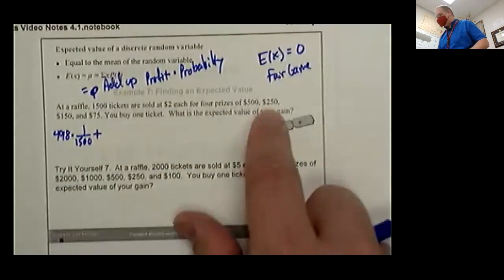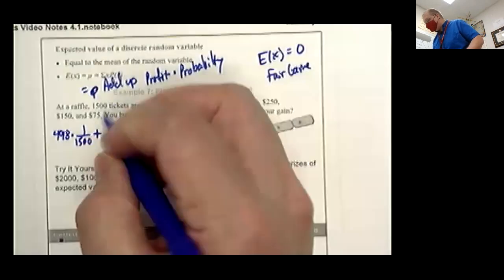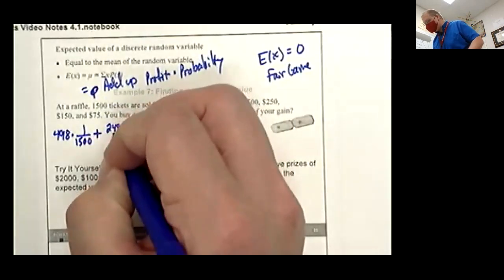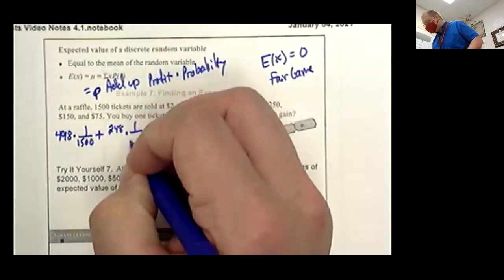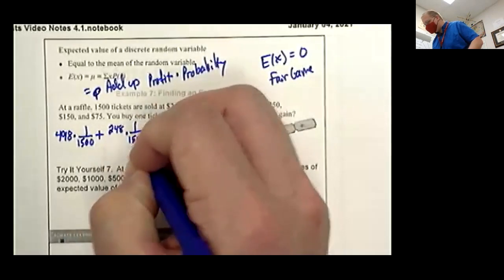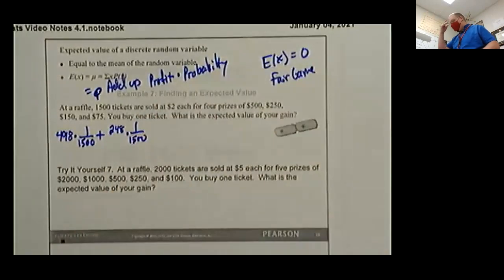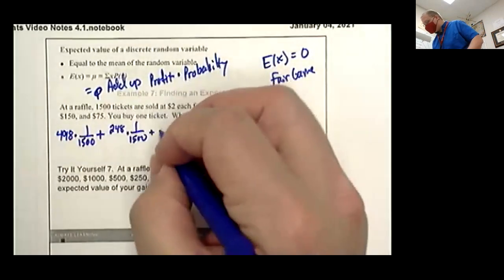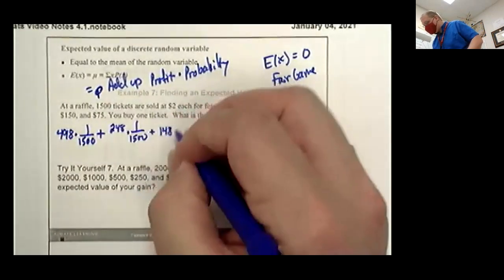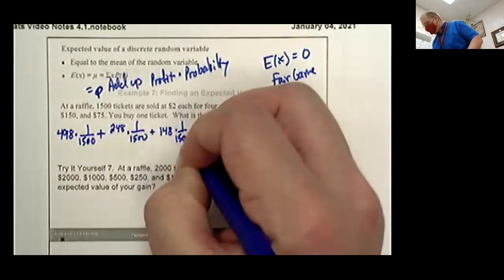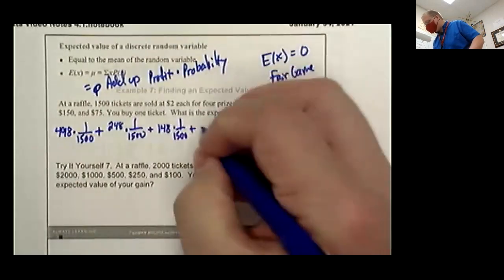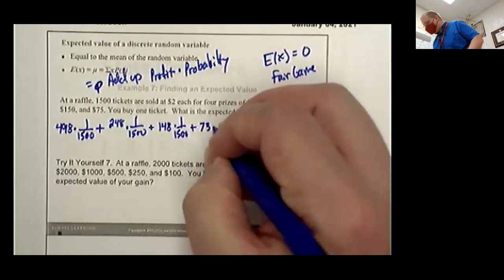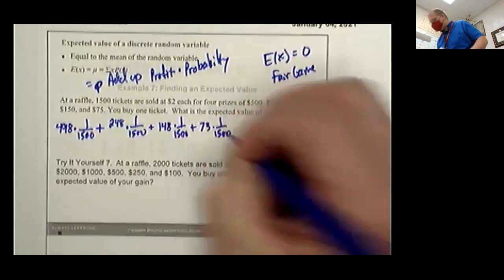Second place is $250, but the profit is $248, and we multiply that by the chance you win, which is 1 out of 1,500. Plus, next is $150, but that's really $148 when we take out the $2, times 1 out of 1,500. Plus, the last one is 75, but you really win 73, times 1 out of 1,500.